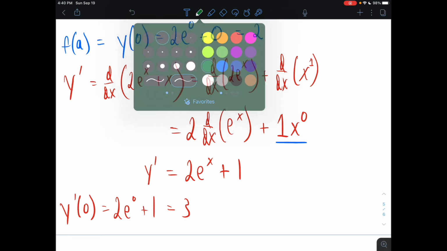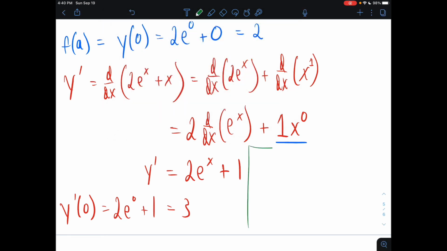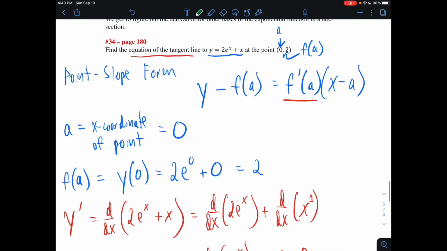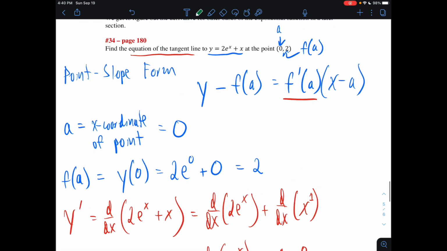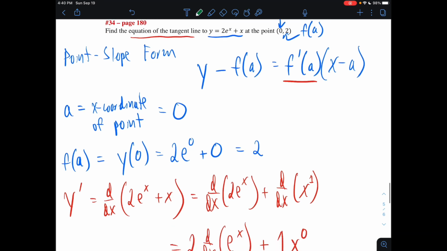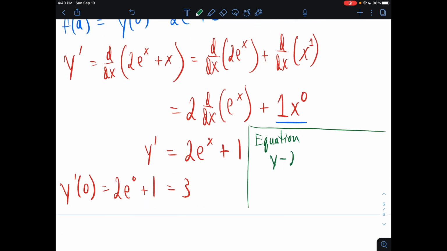So then the equation is y minus the y-coordinate of the point, f of a, or f of 0, which in this case is 2, equal to the slope, which we just found was 3, times x minus a, which again is just x minus 0.